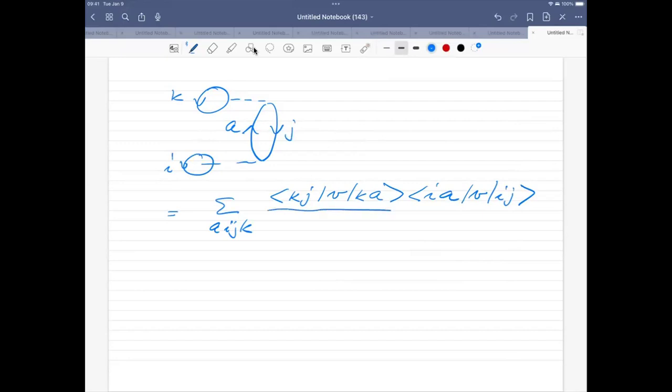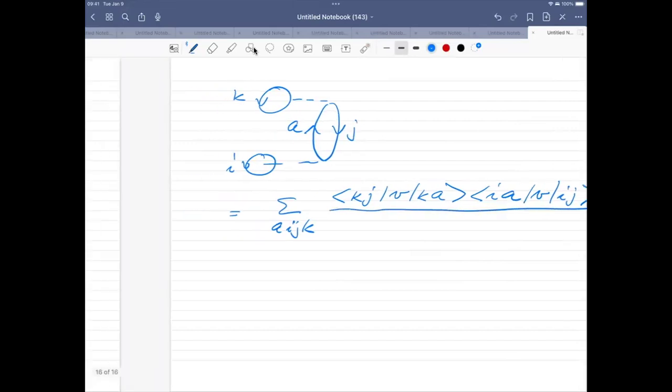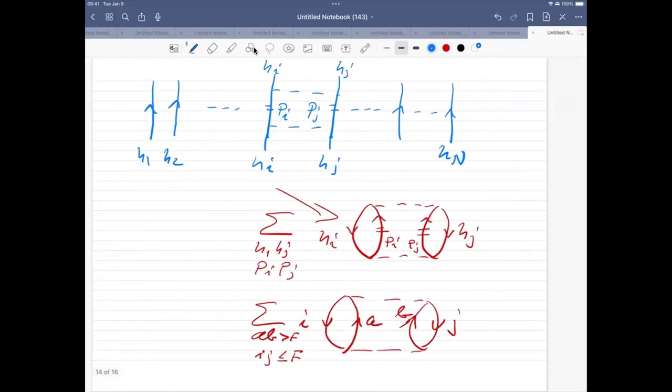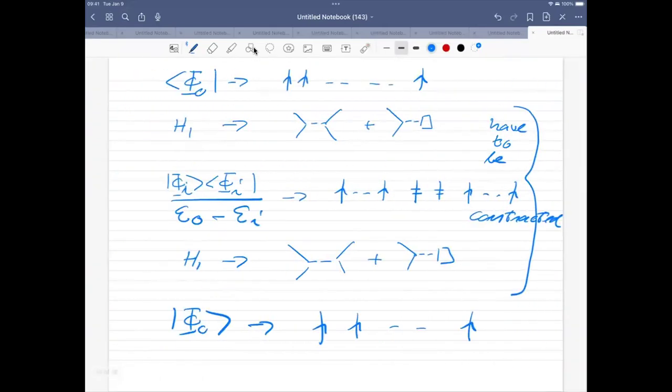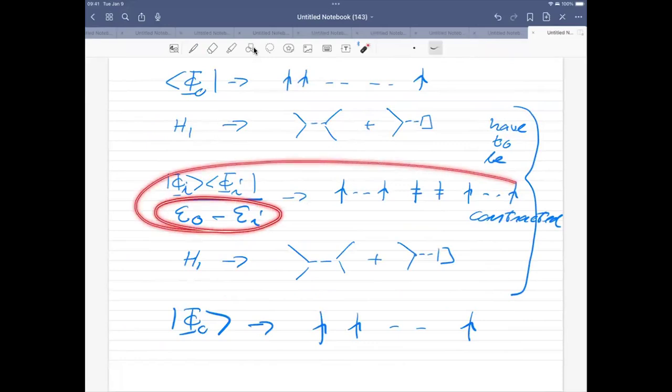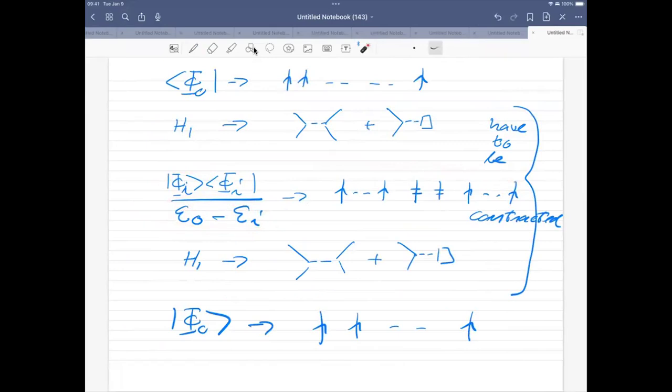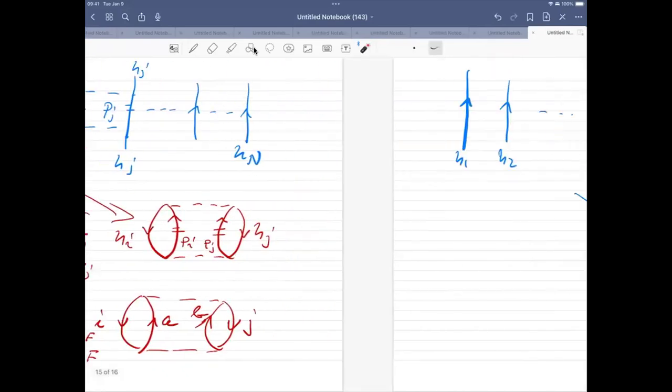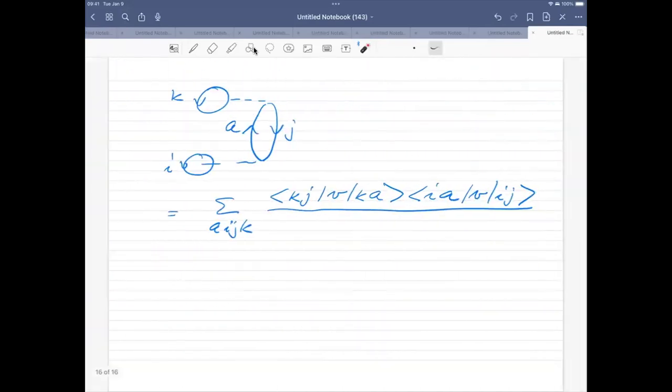But then, since we have this energy denominator, if you look at the expression which we put up here, it means that in the intermediate state we need to take into account this specific energy denominator. So if you look at this intermediate state, what we can do now as a kind of rule is to just look at the particle-hole states which we have here. So that will define this energy.